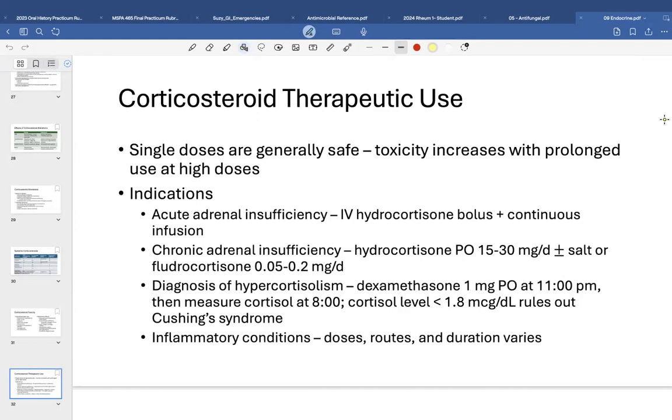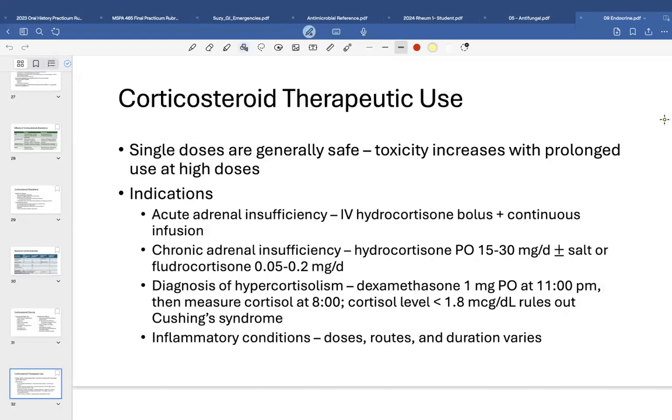Some of the uses: in acute adrenal insufficiency, you want to give an IV hydrocortisone bolus, then a continuous infusion. There's a product called Cortef, which is basically the IV hydrocortisone that will help replace the deficient cortisol.